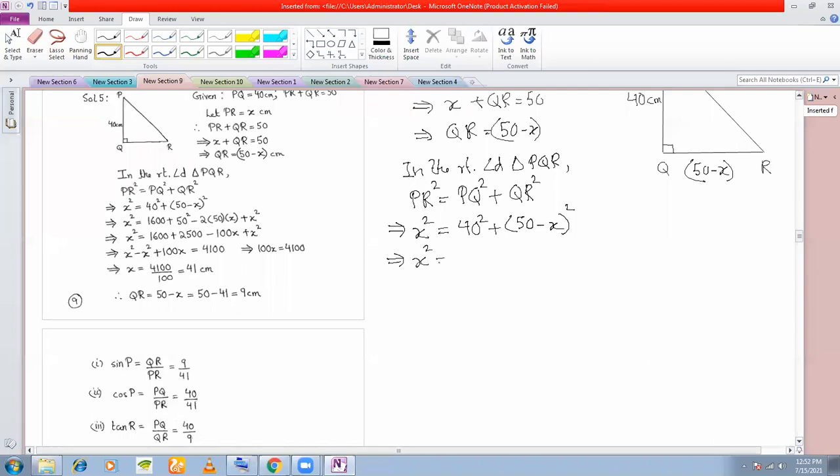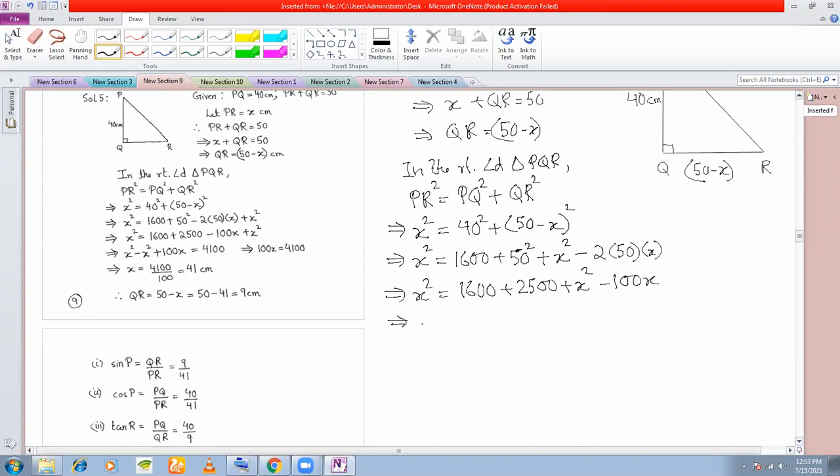So x square is equal to 40 square is 1600, and you expand this by a minus b whole square. So you have 50 square, a square plus b square minus twice ab. Okay, so you get x square is equal to 1600 plus 2500 plus x square minus 100x.